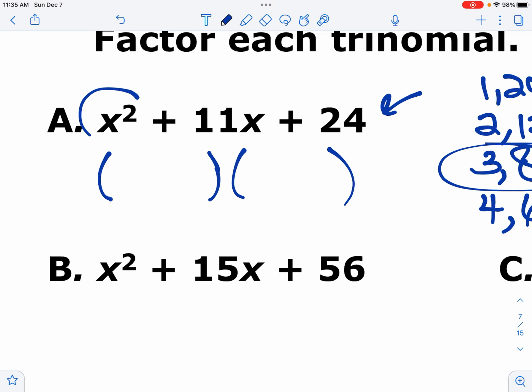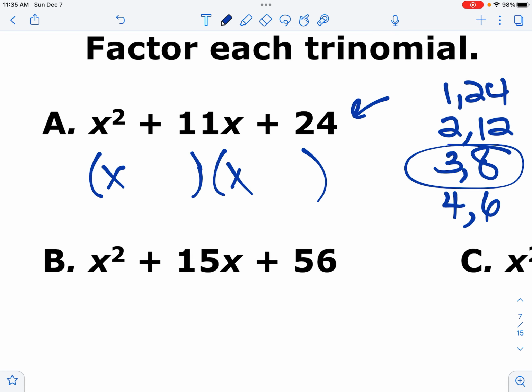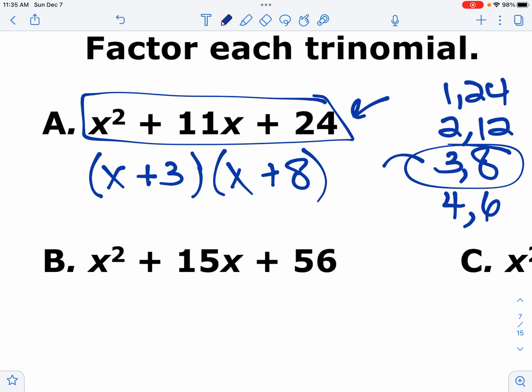I know in order to get x squared, I need an x here and an x here, right? So then my two other numbers are positive 3 and positive 8. The order doesn't matter as long as the signs are correct. So the factored form of this trinomial would be x plus 3 times x plus 8. If you were to multiply this out, you would get this back.